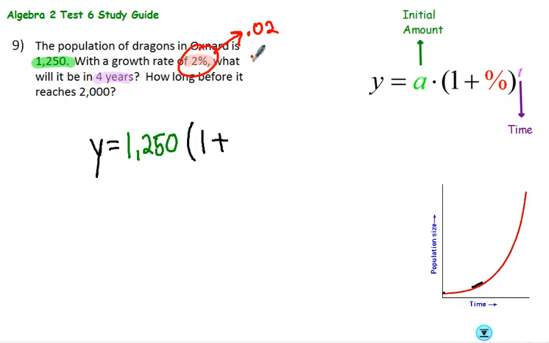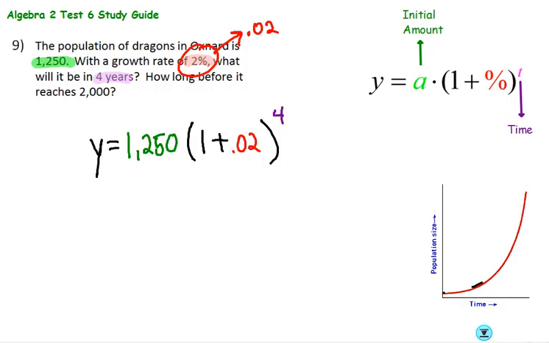There's a difference between, if I looked at a price tag that said 0.02 and 0.20, 0.02 says 2 cents, 0.20 says 20 cents. Those are two different things. So if it says 2%, that's like saying 2 pennies, which would be 0.02. And that would be raised to the t, which would be 4.